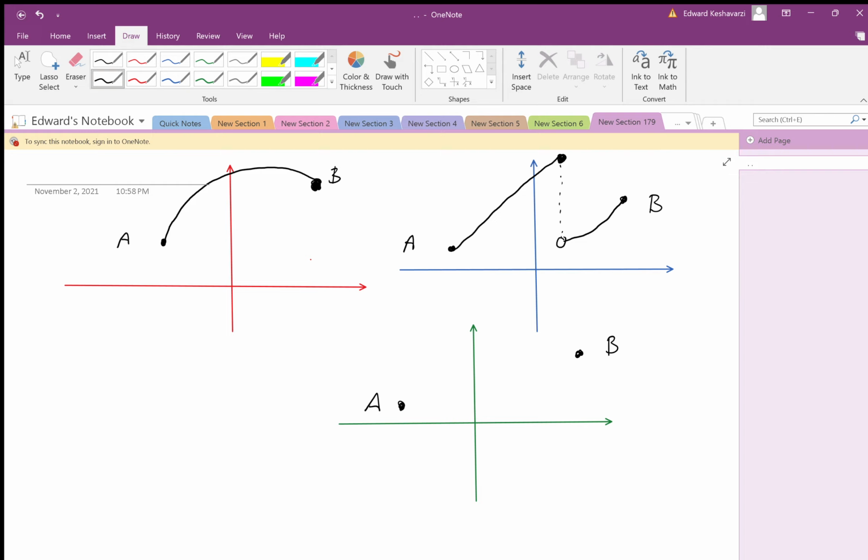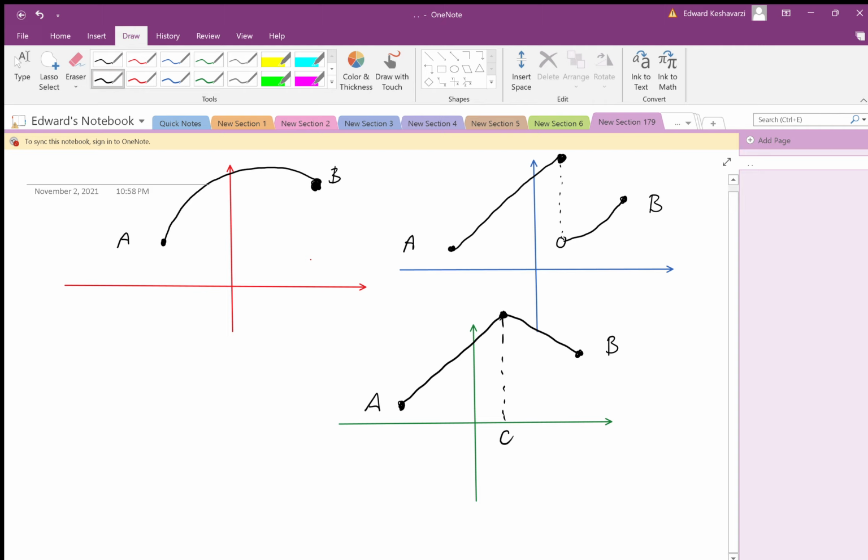In the third one, the green one, I want the function to be continuous but not differentiable. So it could be like that. As you see at this point, let's say C, the function is not differentiable because it's a sharp point.